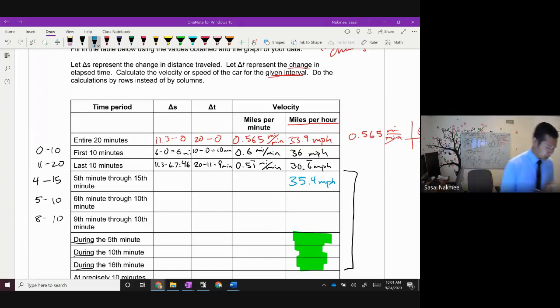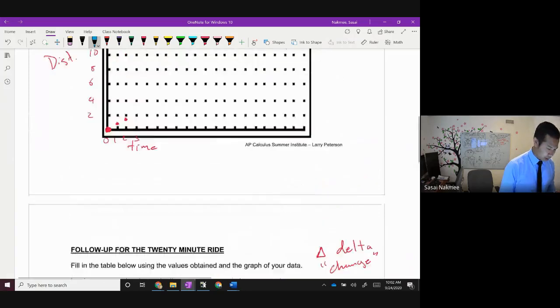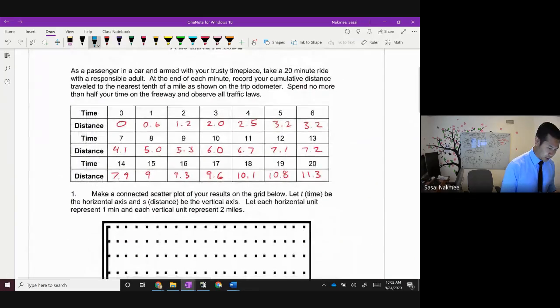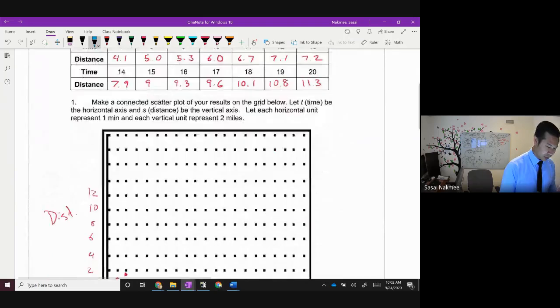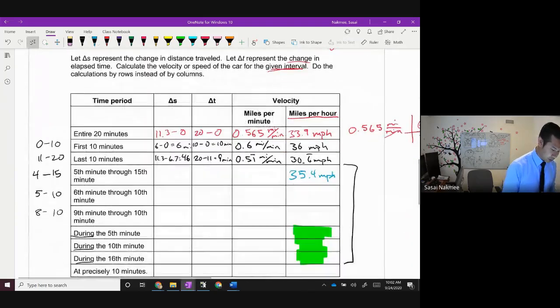Right? Because for this one right here, for the 5th minute through the 15th, the distance at the 15th minute was 9, and at the 4th minute was 2.5. So you should have got 9 minus 2.5.